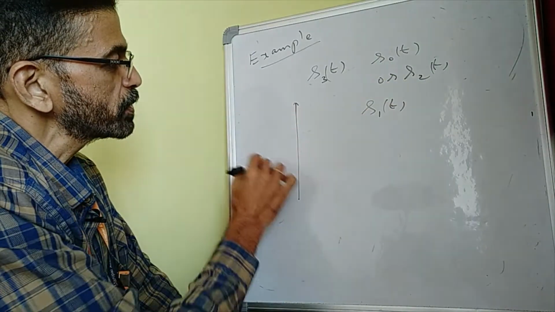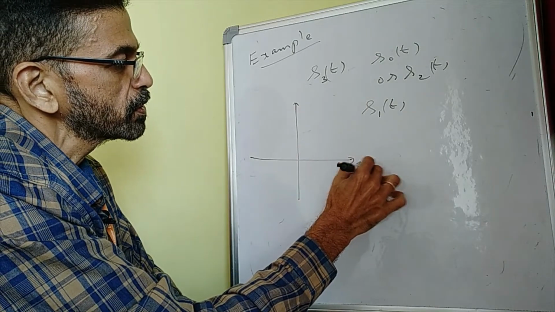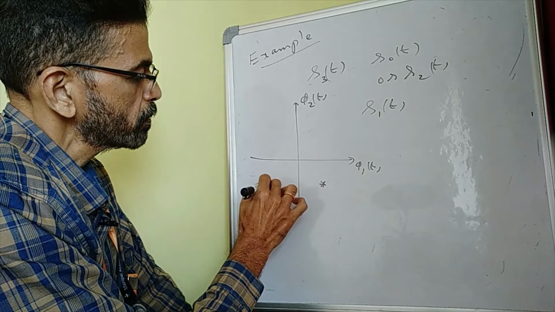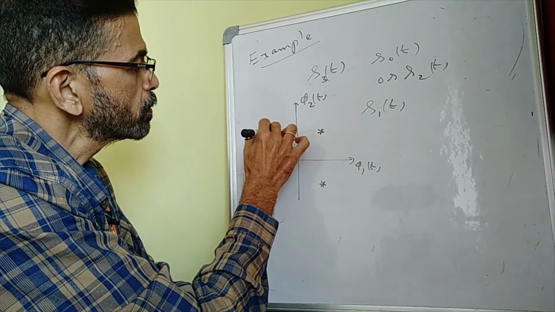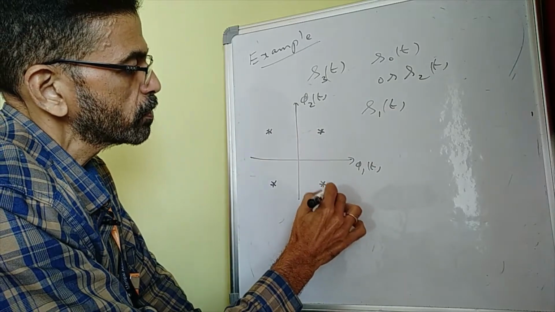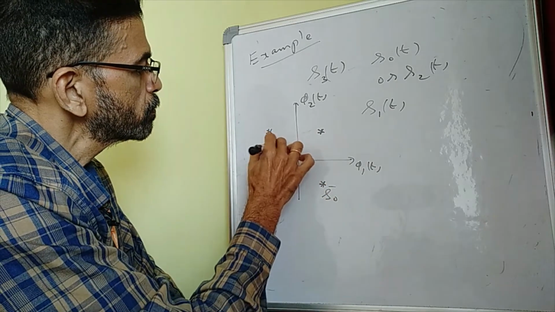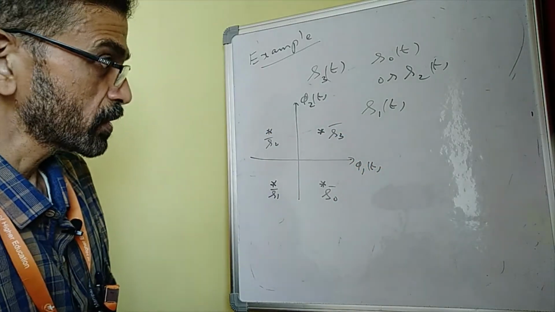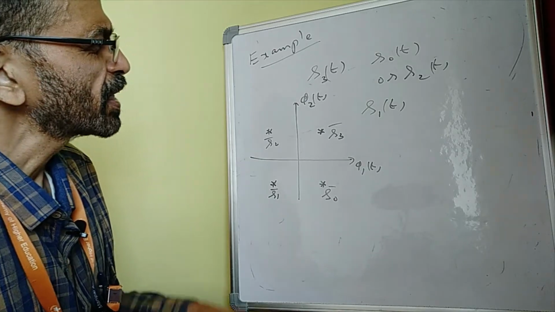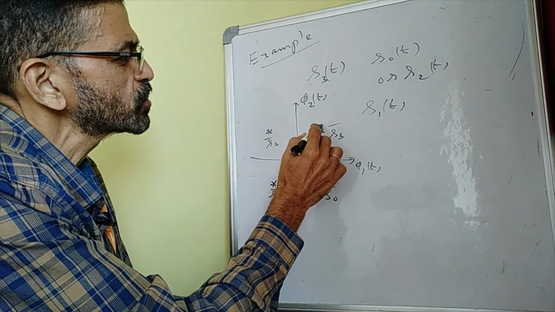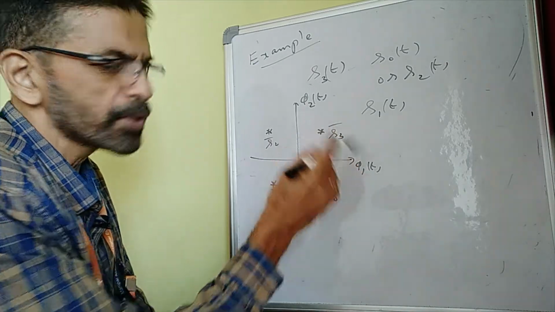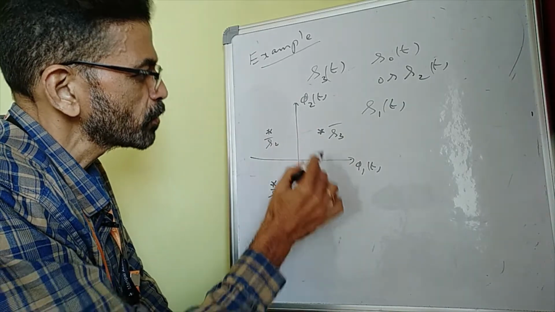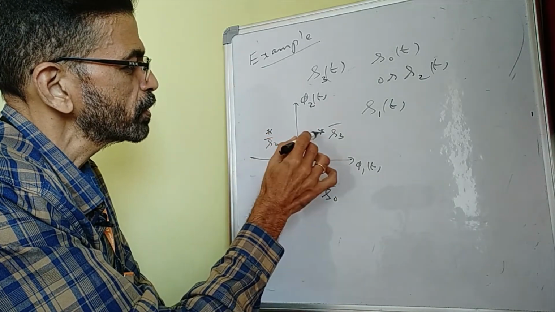The signal space, if I quickly draw here, we have the signals like this, and the question is, what is the probability that S3(t), or the symbol which is mapped onto the signal S3(t), is detected as either S0(t) or S2(t)?